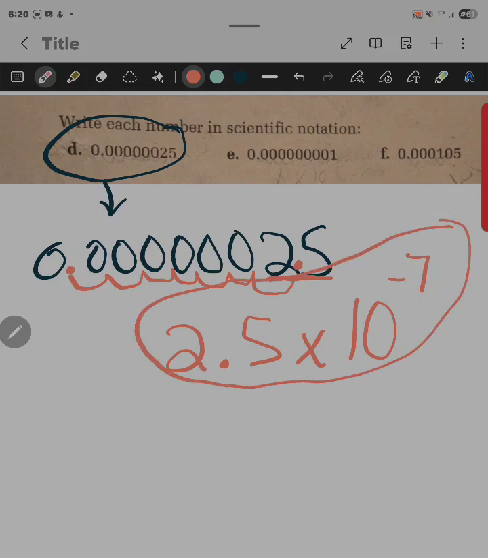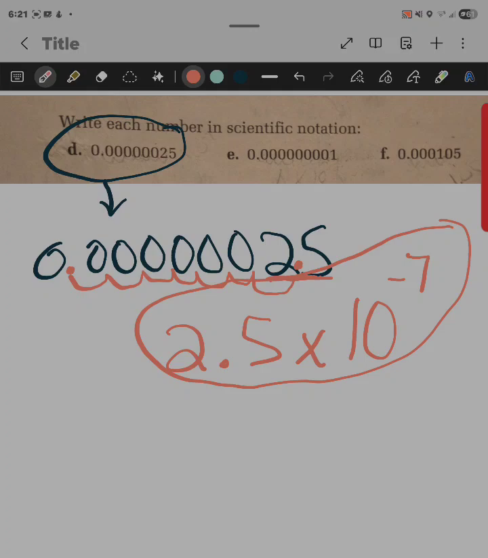Okay, so our final answer is 2.5 times 10 to the negative 7. Okay, now we just found out that we could also rewrite that as 2.5 over 10 to the 7th.